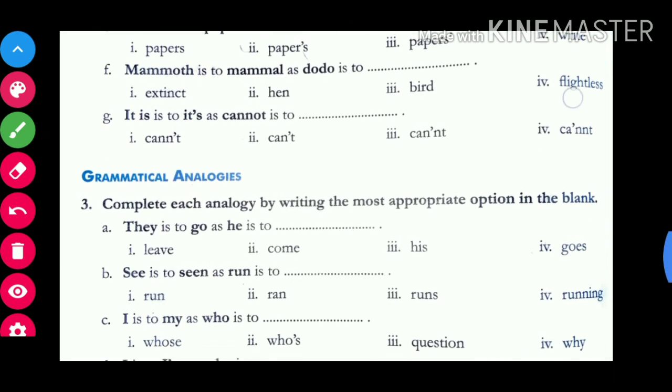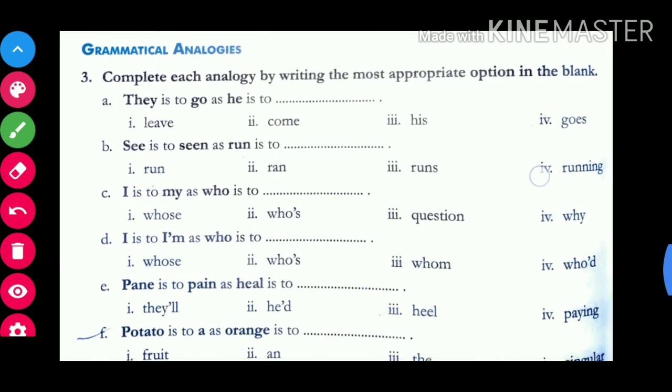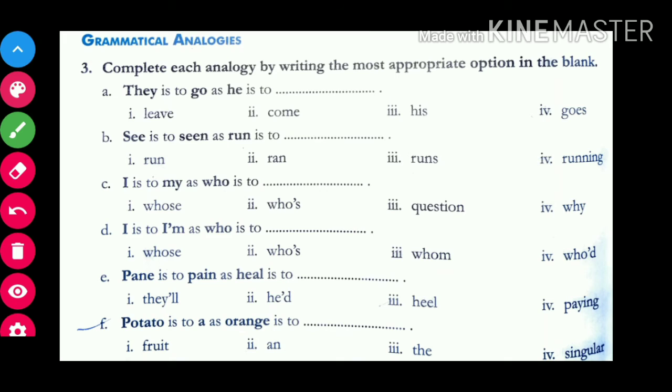So let us now come to grammatical analogies. This is quite interesting. Okay, you have to be very attentive while doing this. Complete each analogy by writing the most appropriate option in the blank. A. They is to go as he is to.